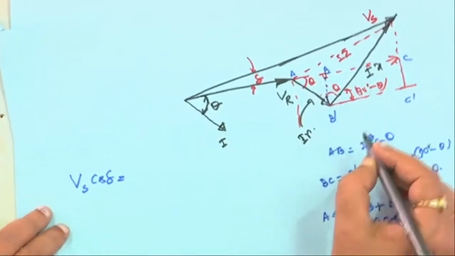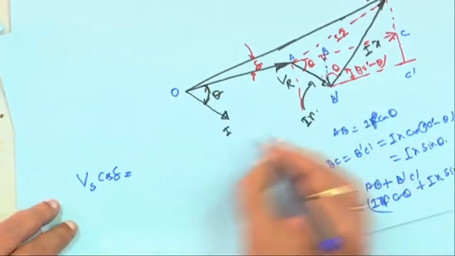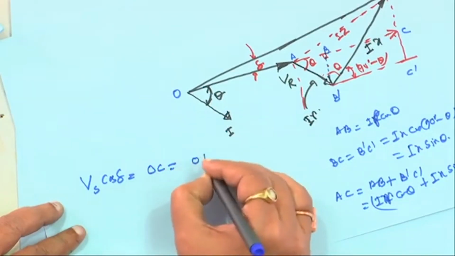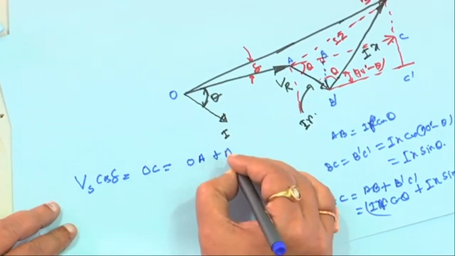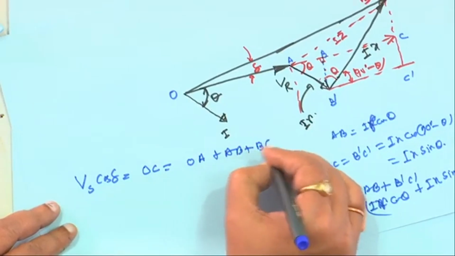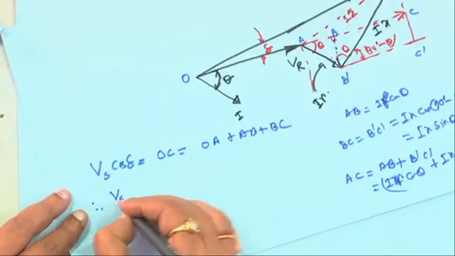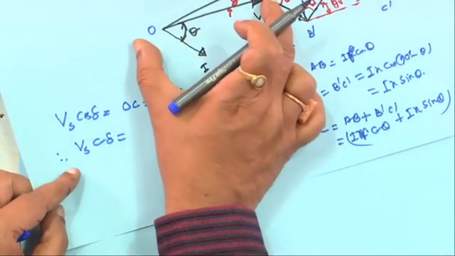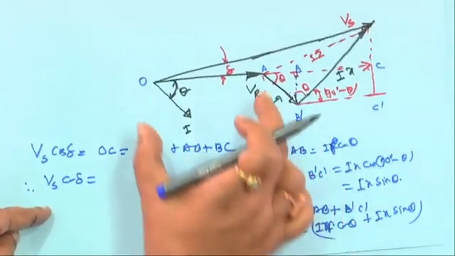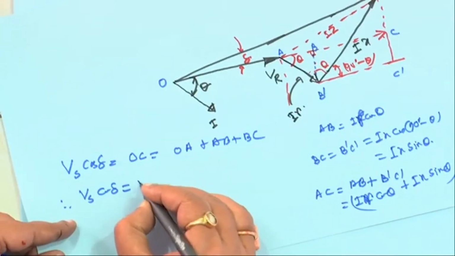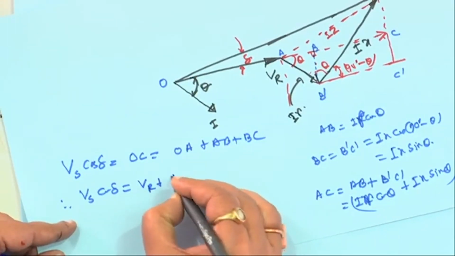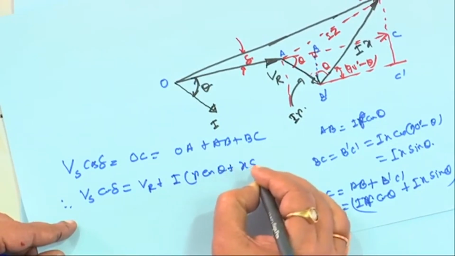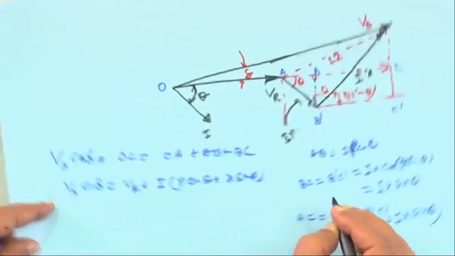Vs cos delta will actually be OC, which is equal to OA, that is VR, plus AB plus BC. That means Vs cos delta is equal to VR plus I times R cos theta plus x sin theta.